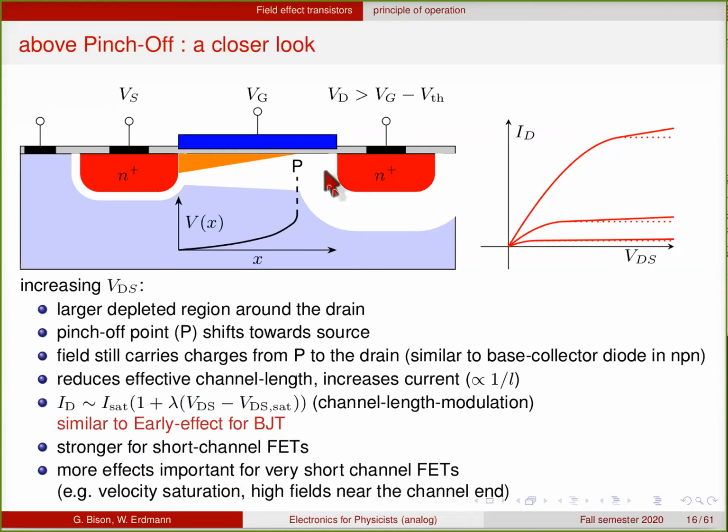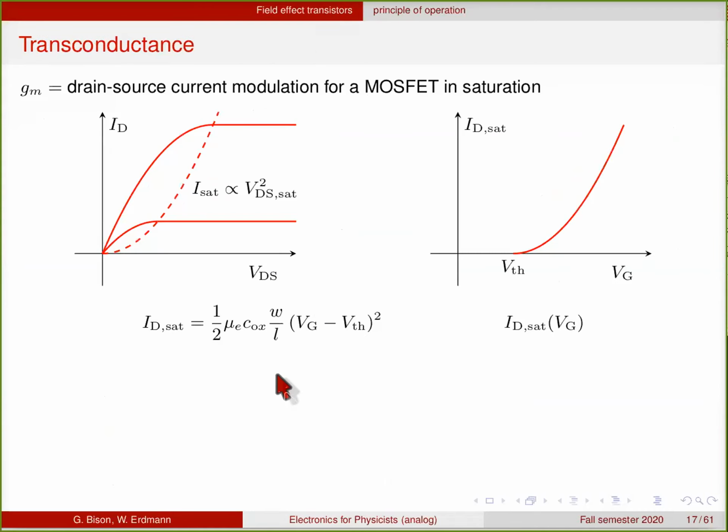You have very high fields, for instance, in this region. In the idealization, the field has to be infinite here to really transport current with zero charge. This doesn't happen because the velocity of the charge carriers is finite. At some point, it's no longer proportional to the field, but it'll saturate, and this also leads to a deviation of your currents from this behavior.